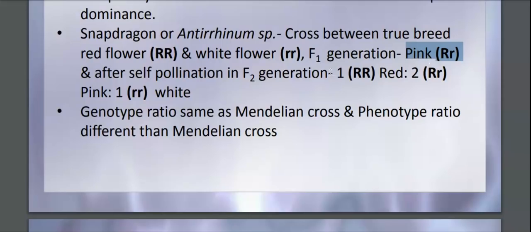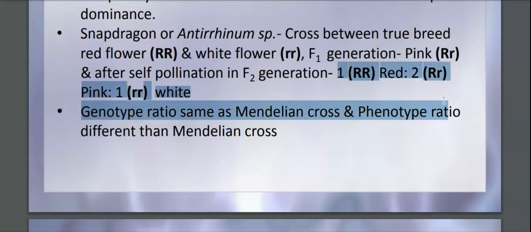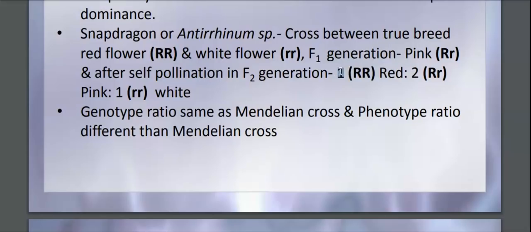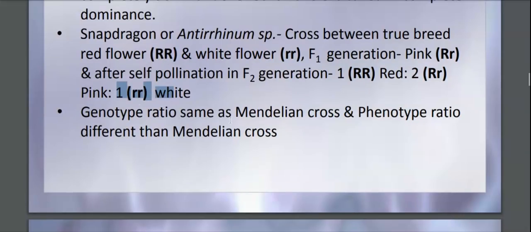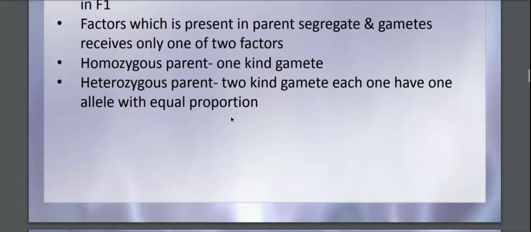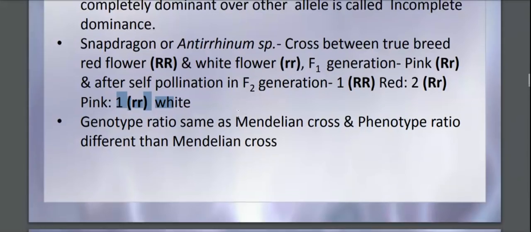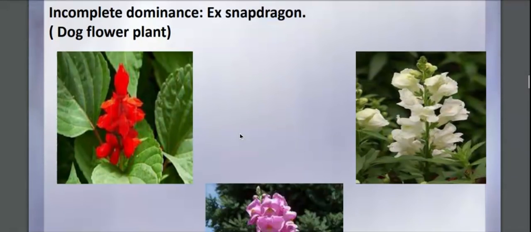And when F2 was obtained, again the same 1 is to 2 is to 1 ratio was seen, but in this case you had 1 capital R, which was red, the 2 R and small r were pink, and the 1 small r was white. So what I'm asking you to compare is this example with the pea plant.